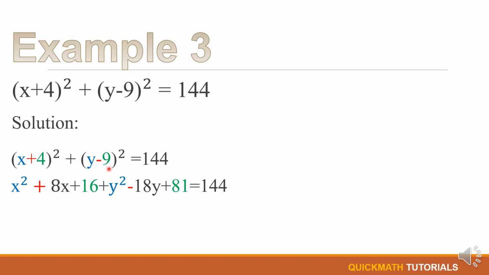And for the y, same process. y squared, we have y squared. And 9 squared is 81. Copy the sign negative. Then multiply again by 2, always 2. So 9 times 2, we have 18. Then copy the variable y equals 144.